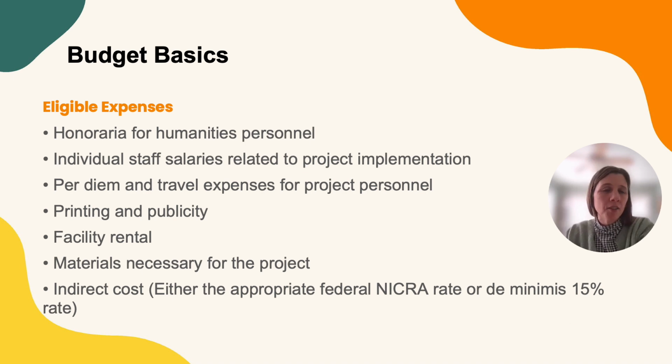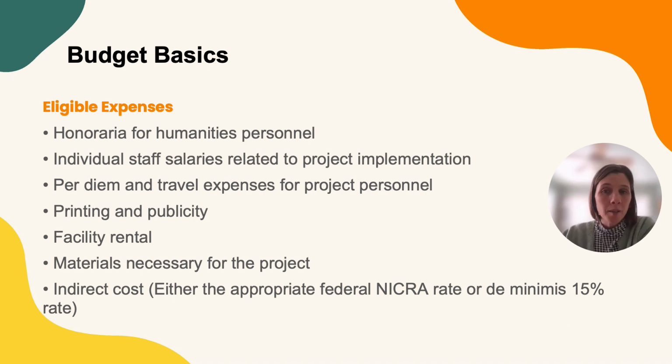Now let's move on to eligible expenses in your budget. Eligible expenses could include honoraria for humanities personnel, the people that are providing humanities content and you're bringing into the project perhaps. It could include individual staff salaries related to project implementation.